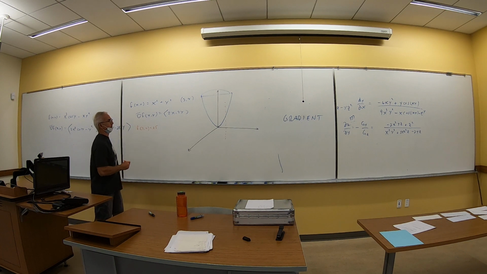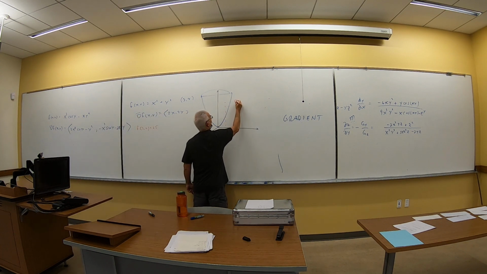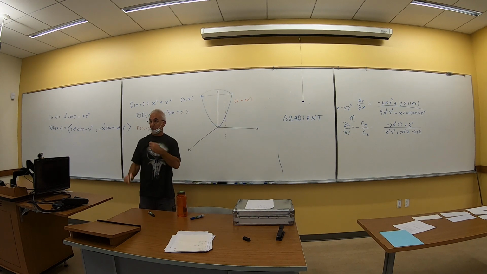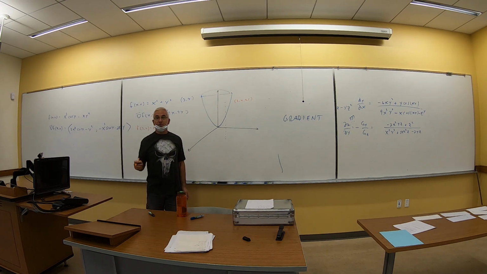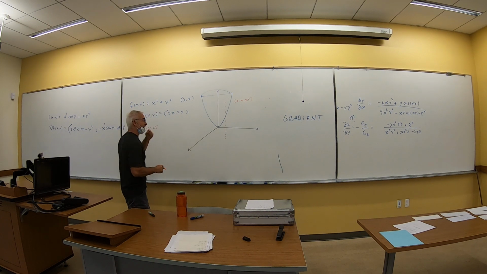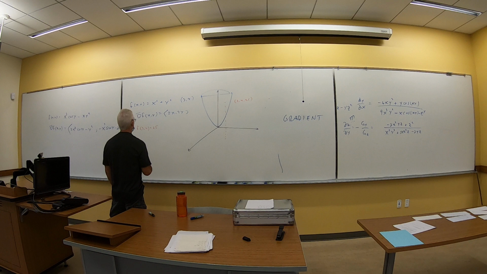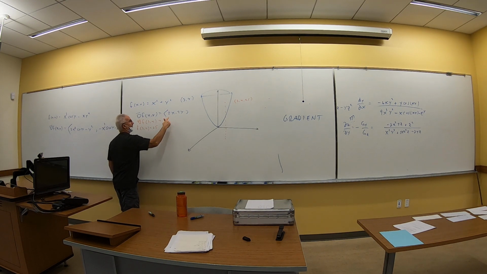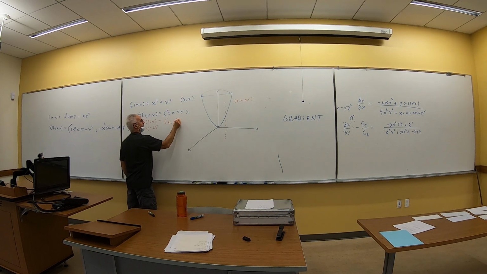Pretty complicated stuff there. So that means there's a point on my surface, 3 comma 4 comma 25. There's a point, and that's where it projected up to. I don't know what to do with that point yet. We're going to learn over the next couple days how the gradient is affected. But the gradient vector at 3 comma 4, that's what I really want. What would that be then? That'd be 6 comma 8.